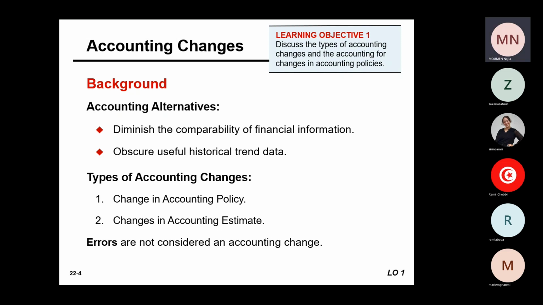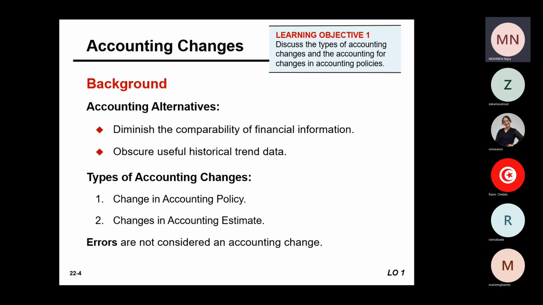Okay, errors are not actually an accounting change. That's when you make an error or a mistake that was in good faith. So that's where we talk about errors. And you may ask the question why we are covering errors in the same chapter, because you will see that the accounting treatment for errors will, to some extent, be similar to the accounting of the change in accounting policy, but still is not an accounting change.